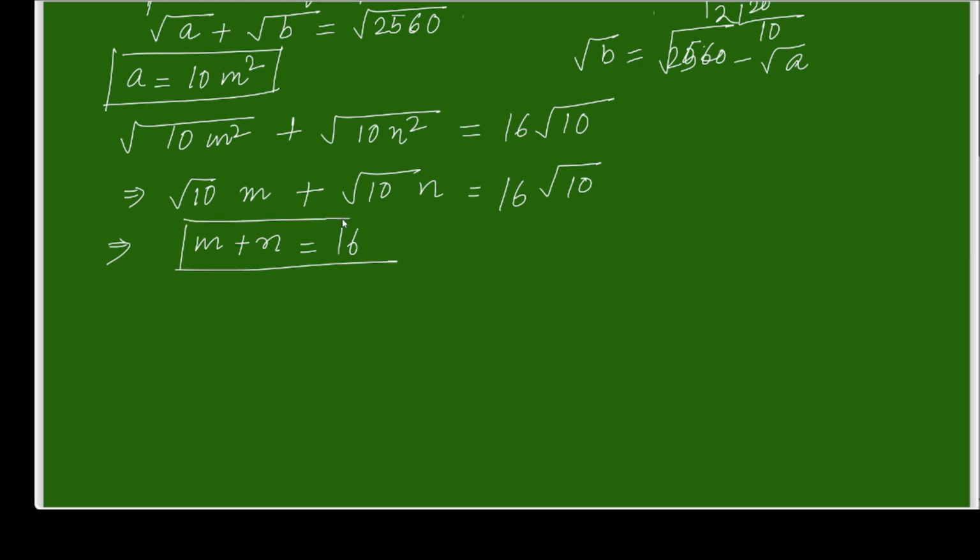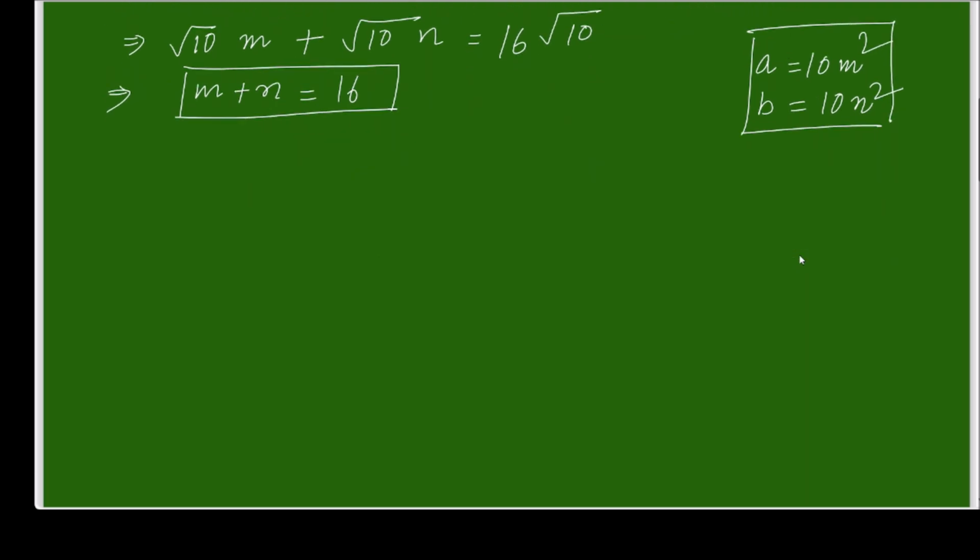So m plus n is equal to 16. This is the condition, or these are the options where a is equal to 10m square, b is equal to 10n square, and the condition is m plus n is equal to 16. Now apply number theory. What will be the values of m and n to make the sum 16? There are so many numbers.